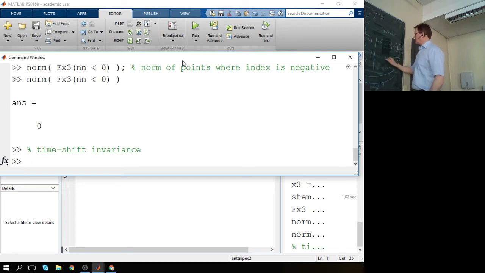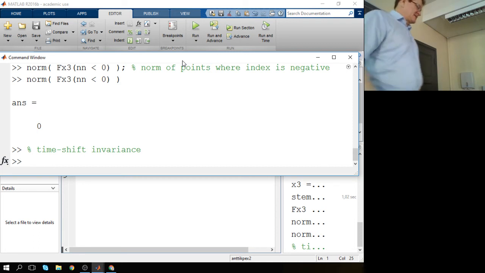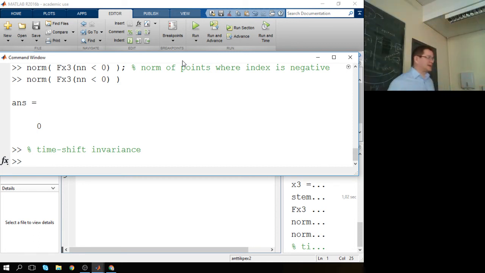That's our y of n equals x of n plus some n. Just in case you need that.